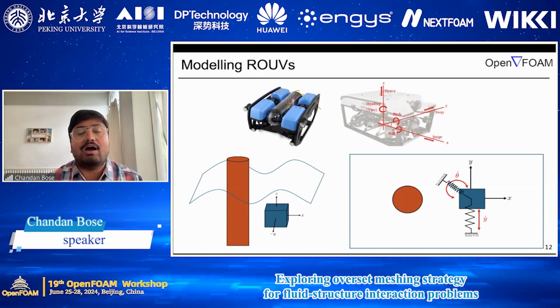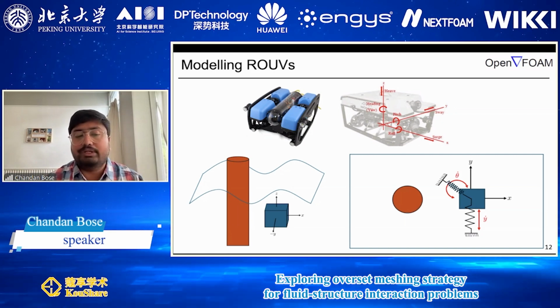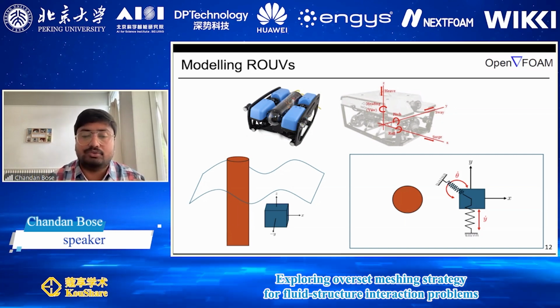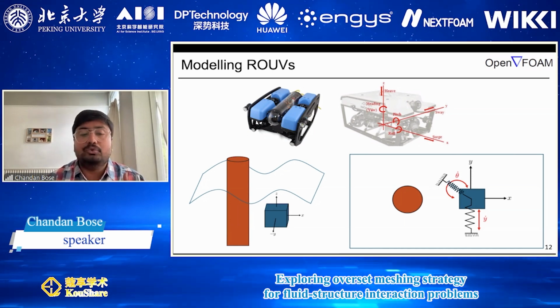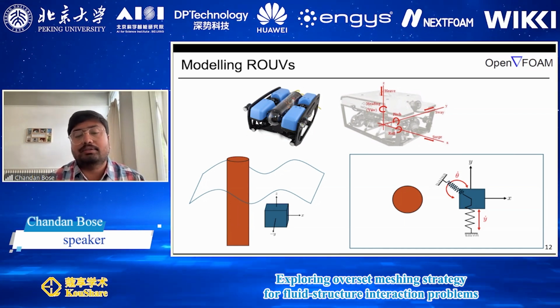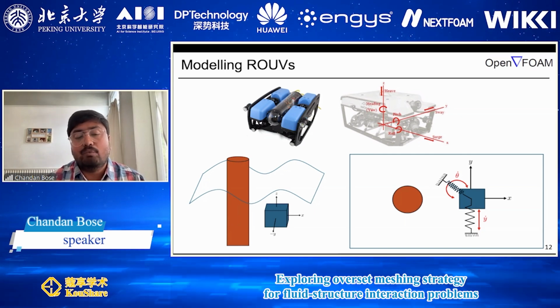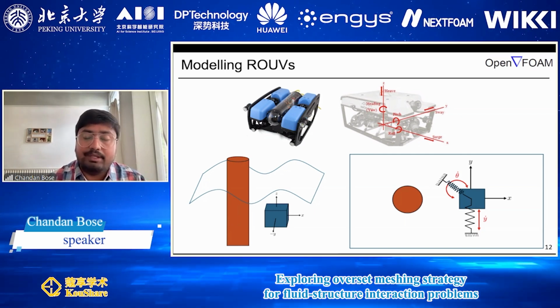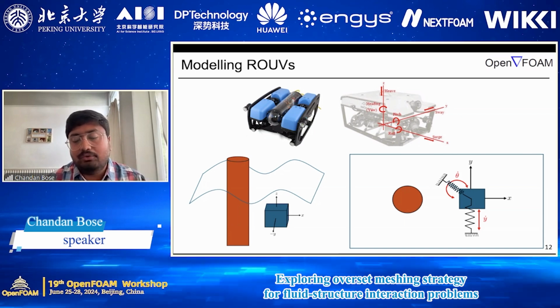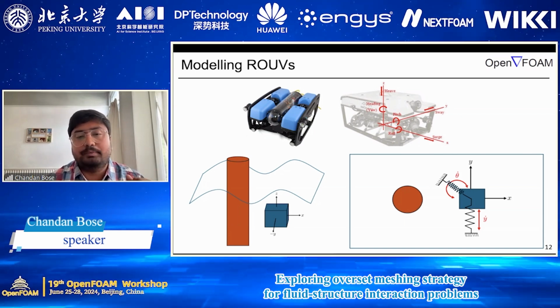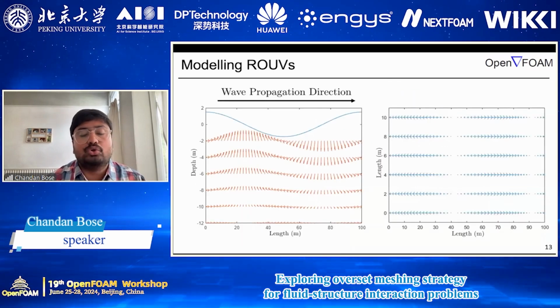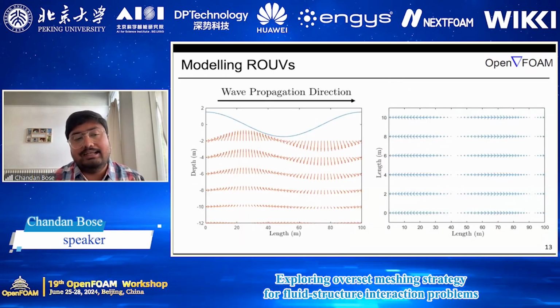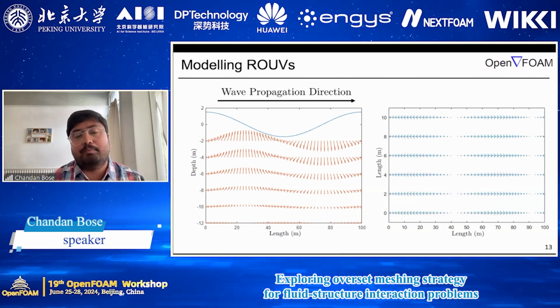The challenge is how we can control these ROVs for the inspection of these offshore structures and keep them stationed at a particular point. To develop that control algorithm, the first thing we need to know is the 6 degree of freedom dynamics of these kinds of bodies. To start with, the first approach would be to understand it in 2 dimensions, and also to understand the effect of wave propagation.